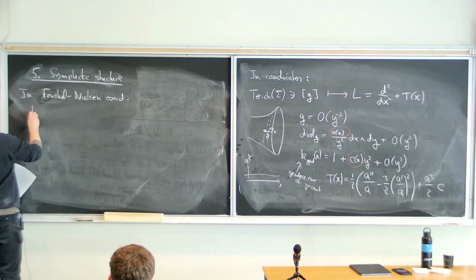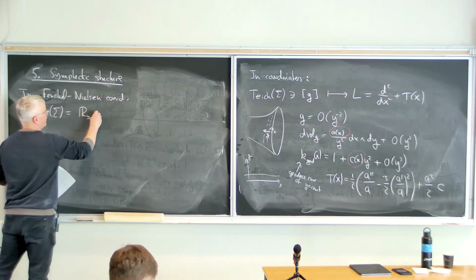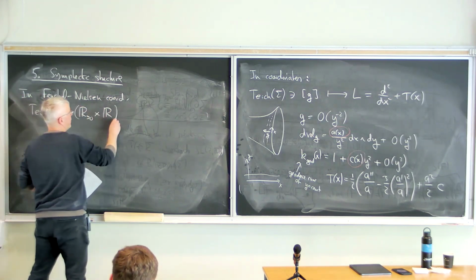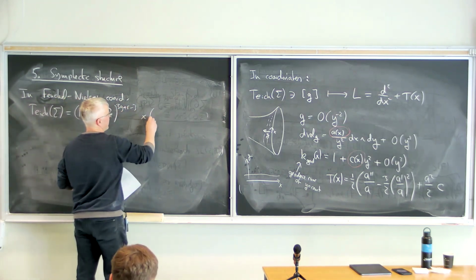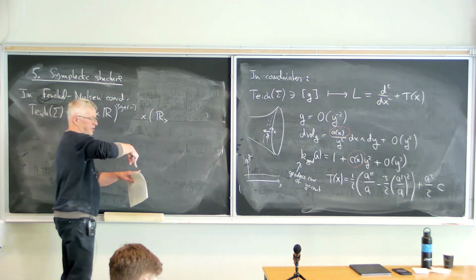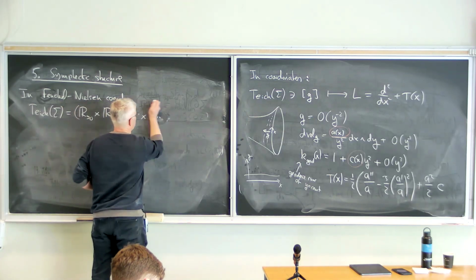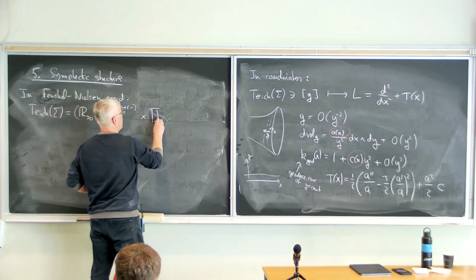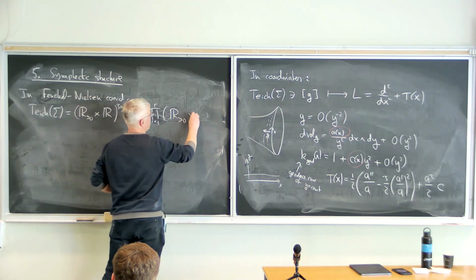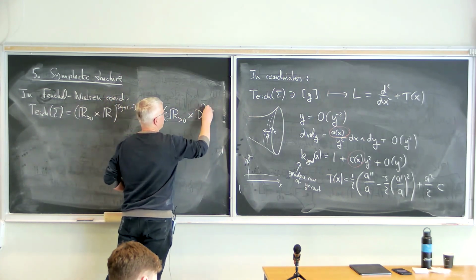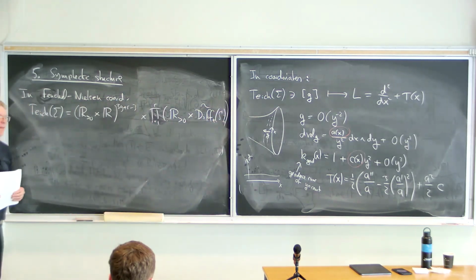So if you recall, we said that our infinite dimensional Teichmüller space is of the form length and twist parameters to the power 3g plus r minus 3, for these inner gluing circles, and then there's the length of the boundary trumpets. And then for each trumpet, there's the universal cover of diffeomorphisms, because you kind of twist the trumpet at the end.